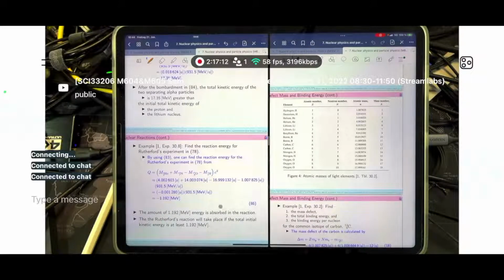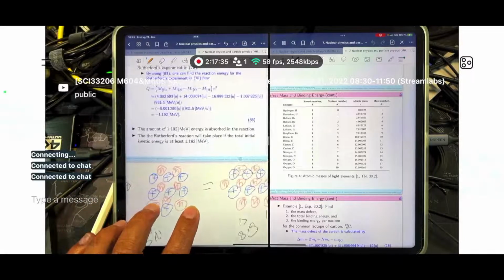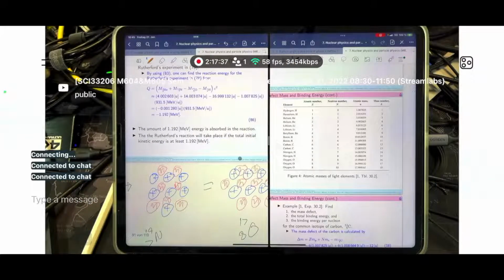In conclusion, in these experiments by Rutherford, the kinetic energy is absorbed in the process by 1.192. So the emerging particles, two things here, may have less kinetic energy than the input side. That can happen.